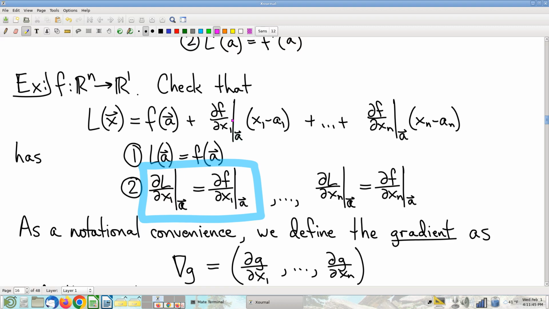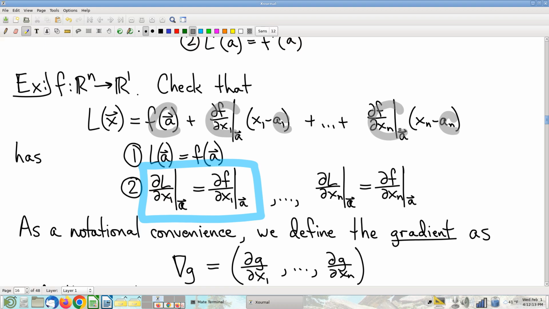Okay, so let's be really careful about what the function L is. There's actually a bunch of constants in this function L. So, for example, f of A, that's a constant. A is a constant, so f of A is a constant. There's no x's in there. Likewise, A1 through AN, those are all constants. And here's the thing, so are these coefficients out here.